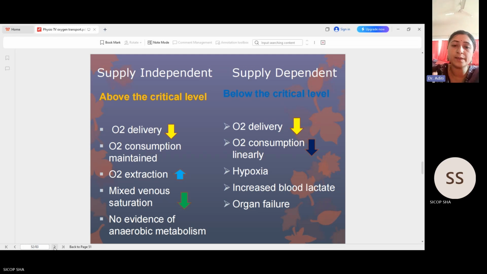Now, when the levels drop below the critical level, it changes to a supply dependent mechanism, wherein the oxygen delivery decreases and the oxygen consumption also significantly decreases. So there is a state of hypoxia, there could be increased blood lactate, and ultimately organ failure. Initially it is supply independent, and if the critical level is reached and it drops further, it might reach a state of supply dependency.